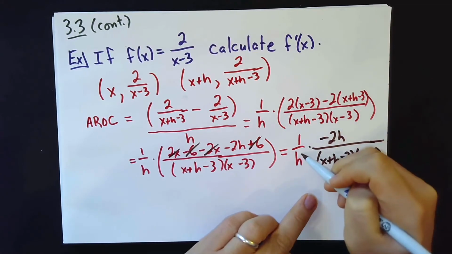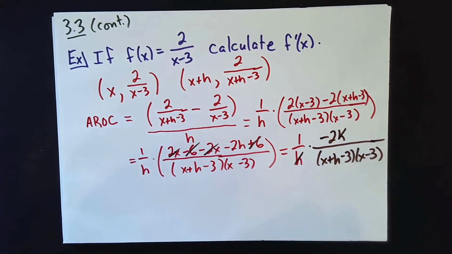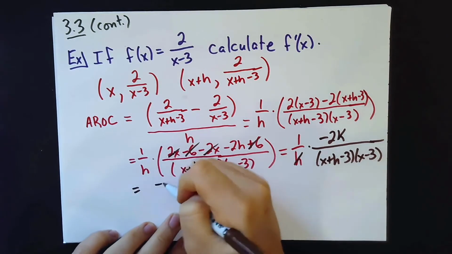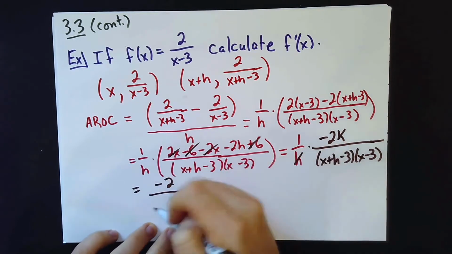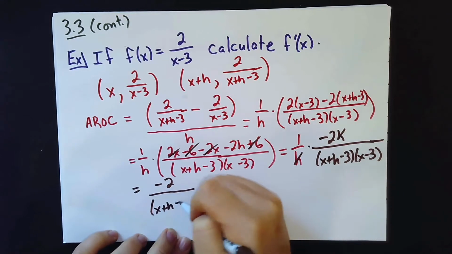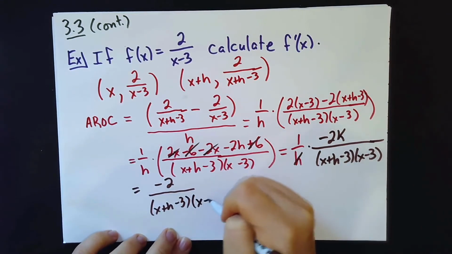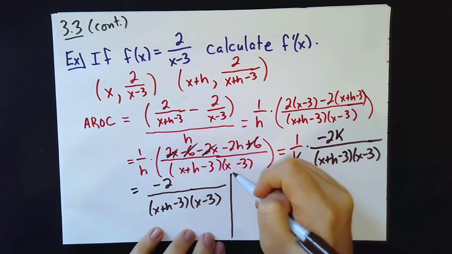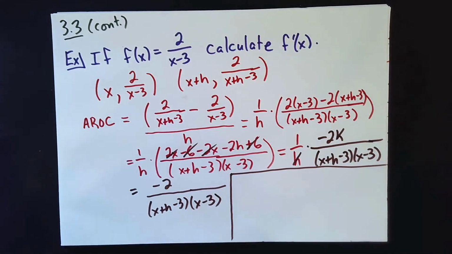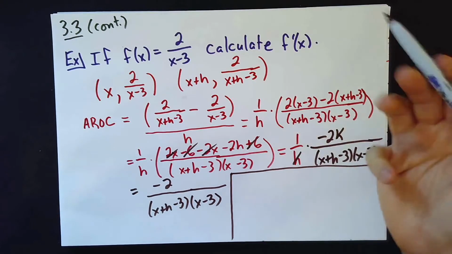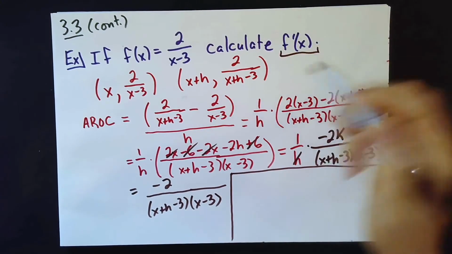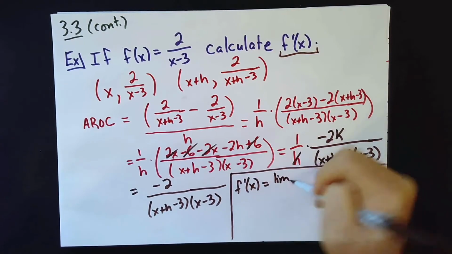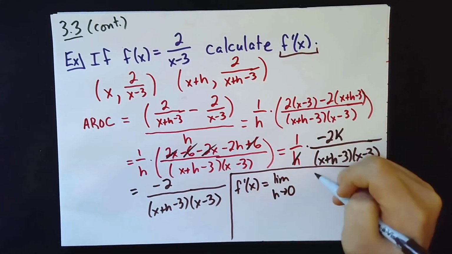And this h now cancels with that h. And remember, that was my goal the whole time, was to get that to happen. And so this is now minus 2 divided by x plus h minus 3 times x minus 3. And so that gives us our simplified average rate of change. So then finally, in order to calculate f prime of x, we just take the limit as h goes to 0 of our answer.